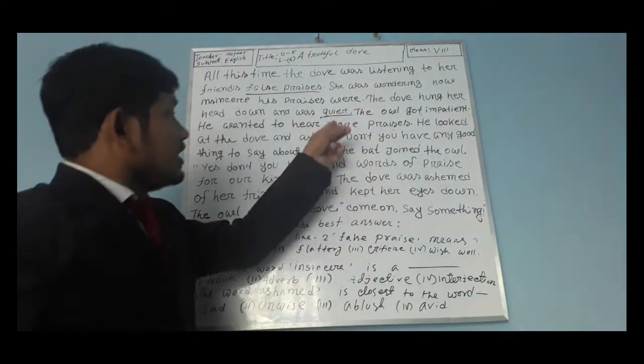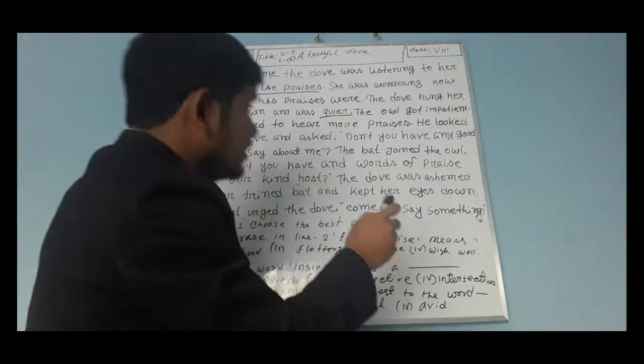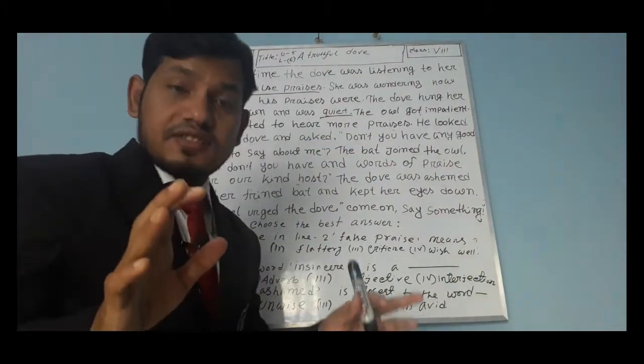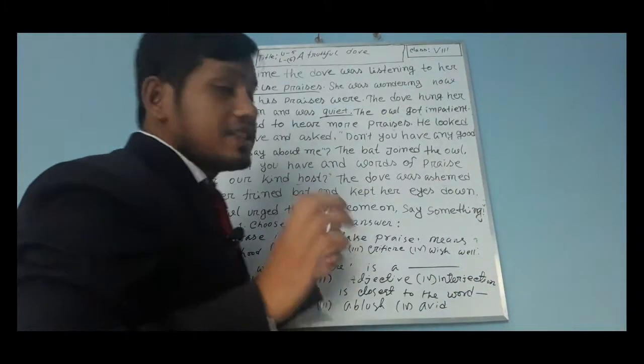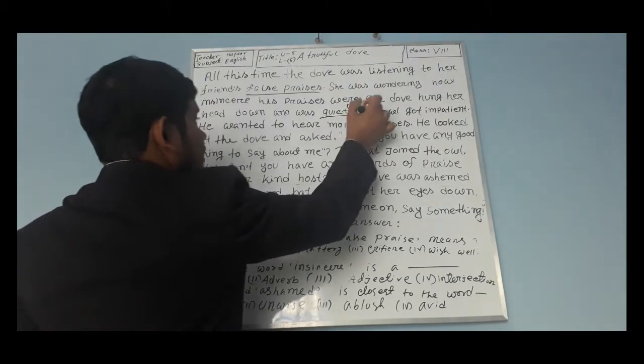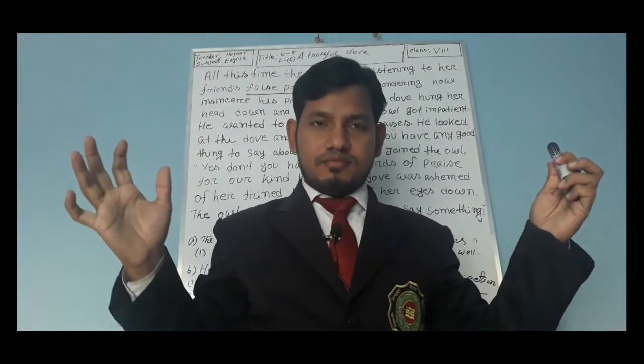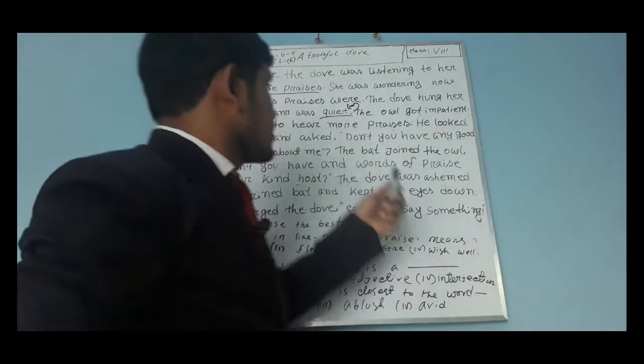Another one is Q-U-I-T-E. If the E comes just before the T, then it means calm, very peaceful, very silent. But if the word ends with E, it means whole, very complete, like similarity.